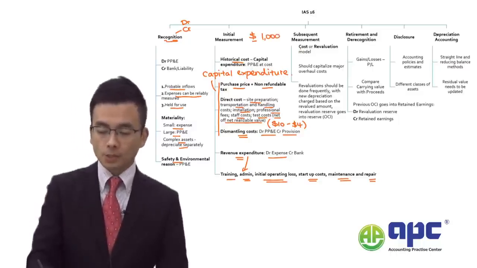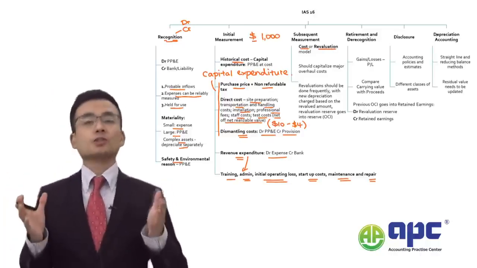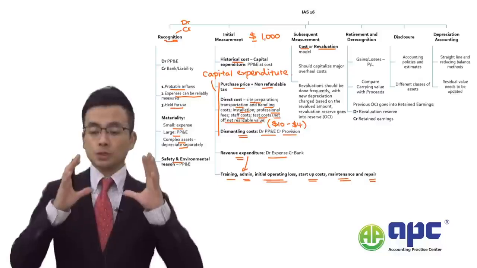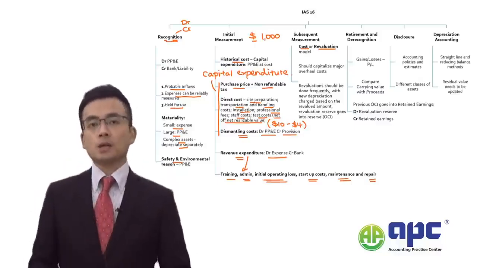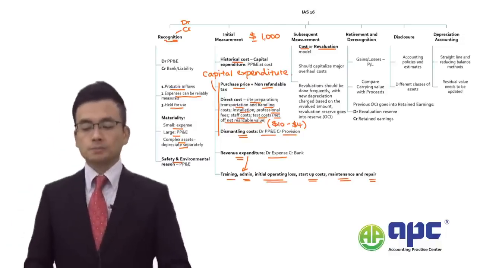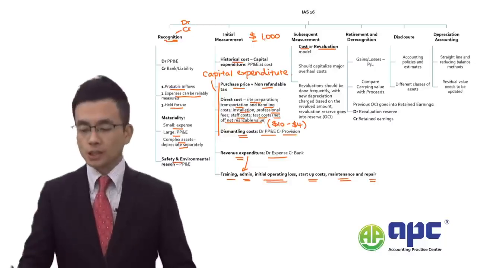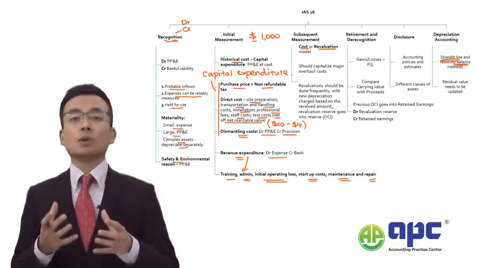Well, on accounting policy, we've got a choice here. Either we're going to choose the cost model, which means we're going to carry $1,000 as the PP&E at cost and minus the accumulated depreciation. Either we depreciate it using the straight line method or the reducing balance method, or perhaps we're going to use the revaluation model.